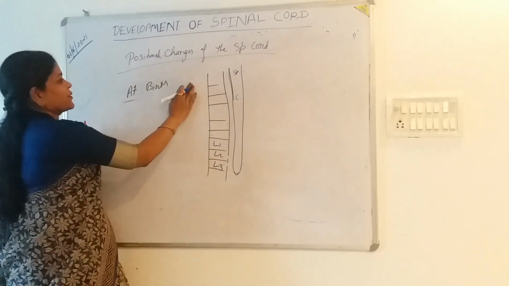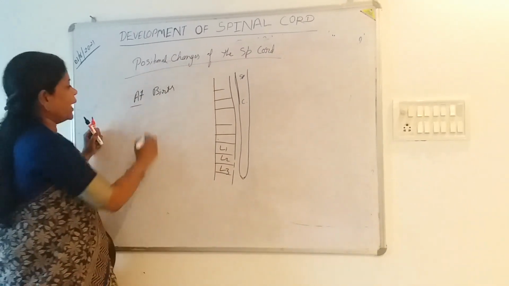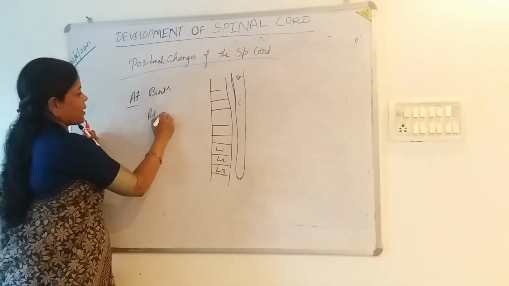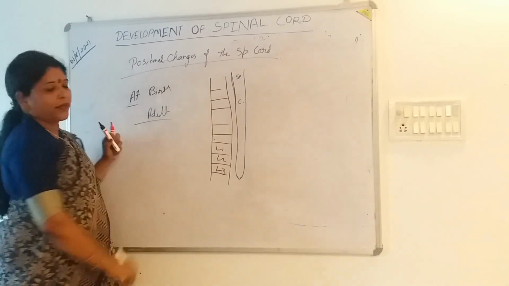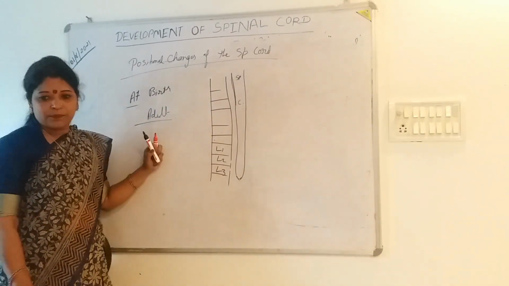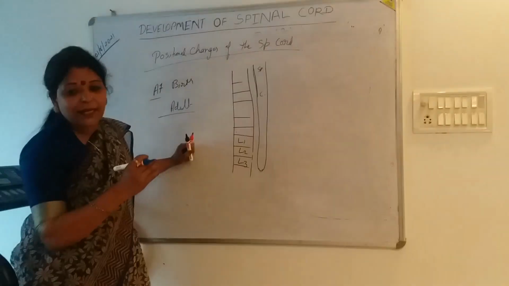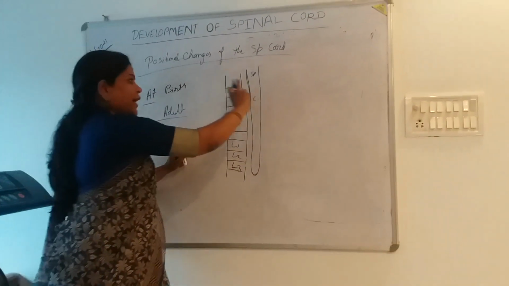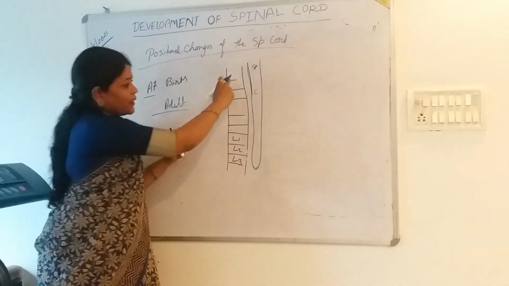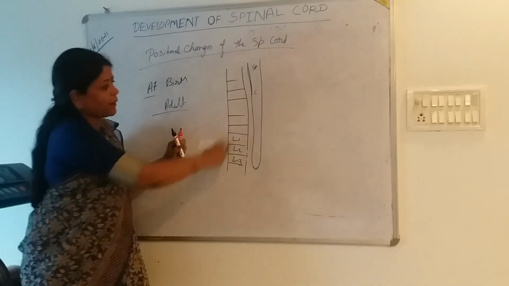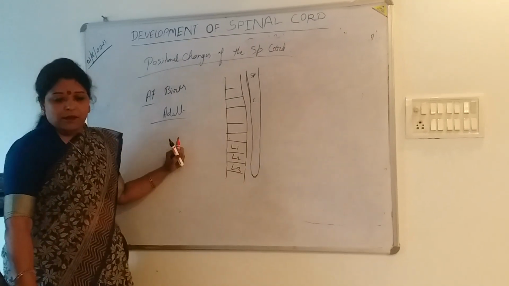But what happens in the adult spinal cord? Why is it like that? There is differential growth. The rate of growth of the vertebrae is more in relation to the spinal cord.